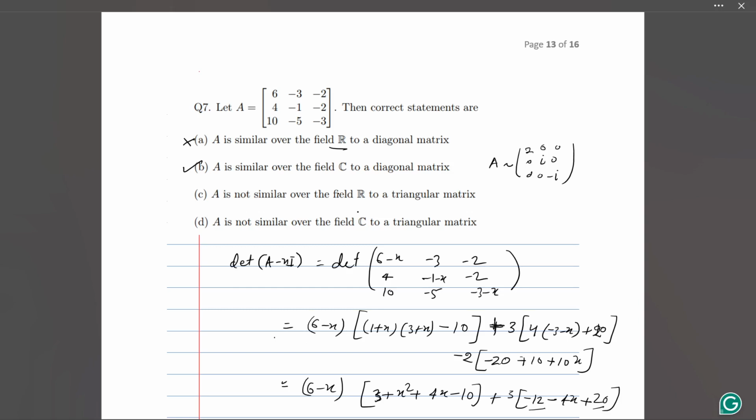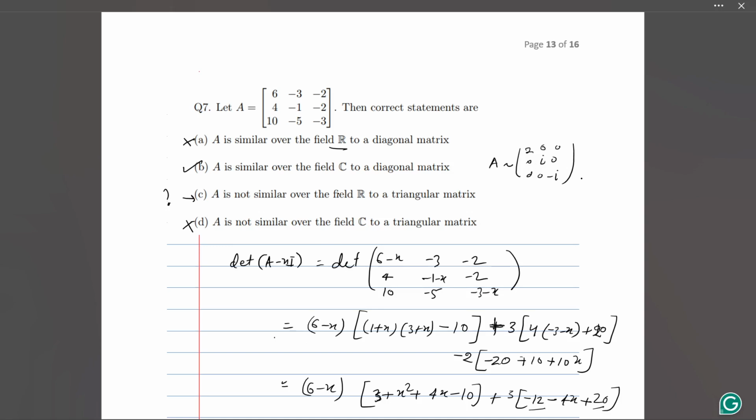Next, A is not similar over R to a triangular matrix. Okay, I'm leaving this question mark, but this is obviously not correct because once it is diagonalizable, it is actually triangularizable.